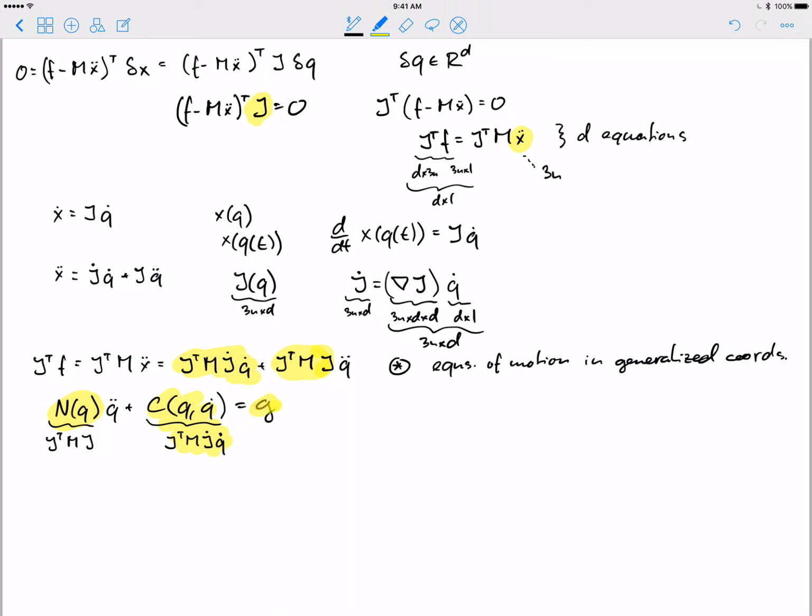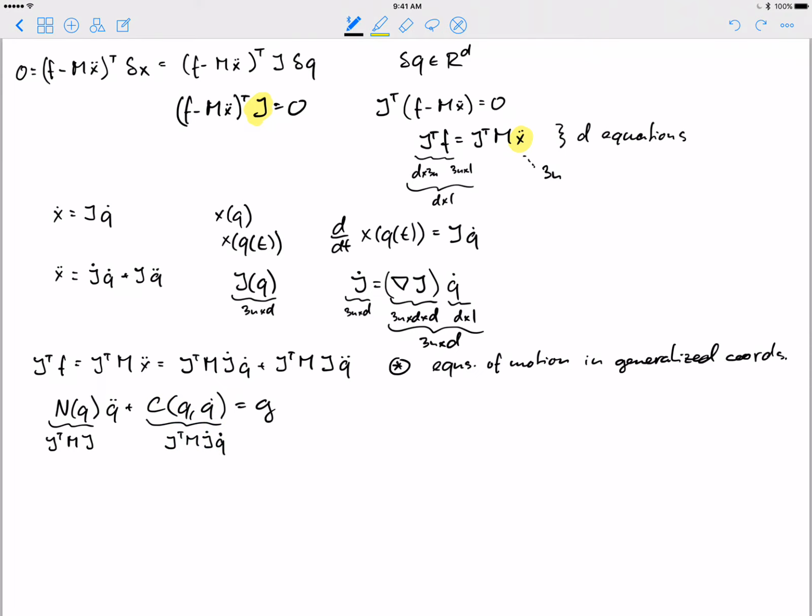And this G is the vector of my generalized forces, so J^T F, a d-dimensional vector of generalized forces. Usually it depends on q. Sometimes, rarely, it could depend on time too, and potentially also on q dot if you are dealing with some damping in generalized coordinates. But the basic case is where G depends on q only. But we don't have to worry about that now.